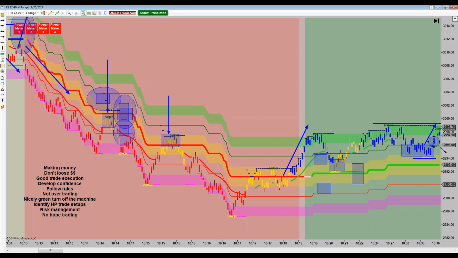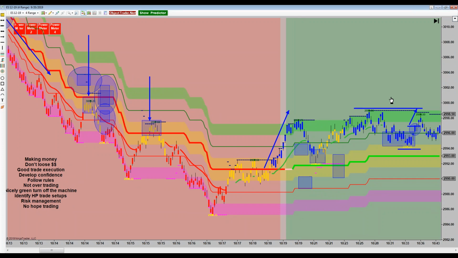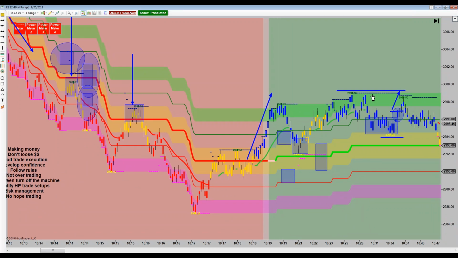How does the risk-return ratio look on that? Here's your fill, and you want to get to there, and your stop is down here. How does that look to you? Let me clean it up a little bit. There's your profit minimum. You want to at least get to there. You're going to hope that it breaks it. Let's continue on. Does it break it? No.